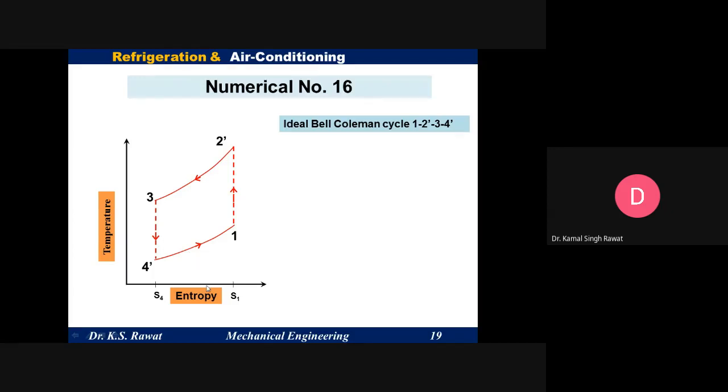But in actual, the cycle will look like this. 1 to 2 is the actual compression process and 3 to 4 is the actual expansion process. So our actual cycle is 1, 2, 3, 4.